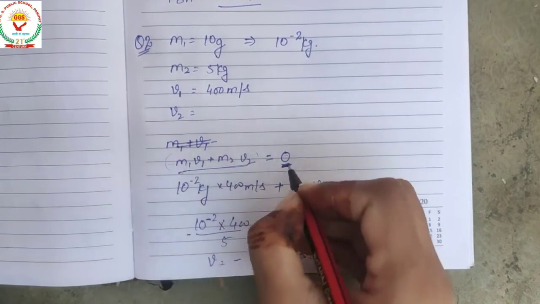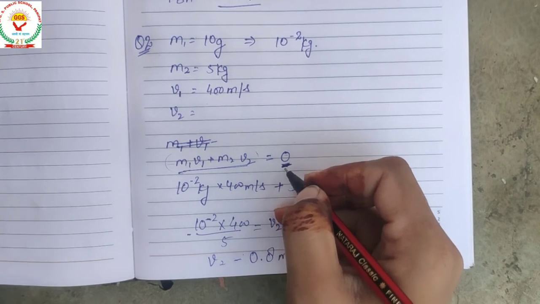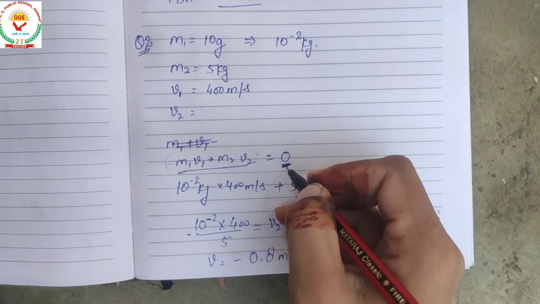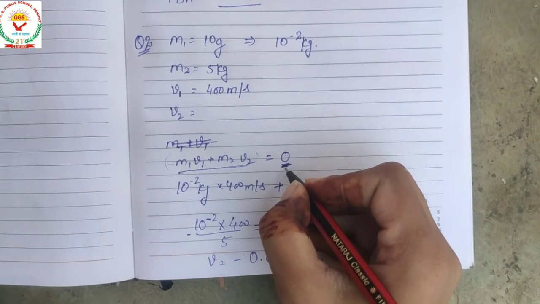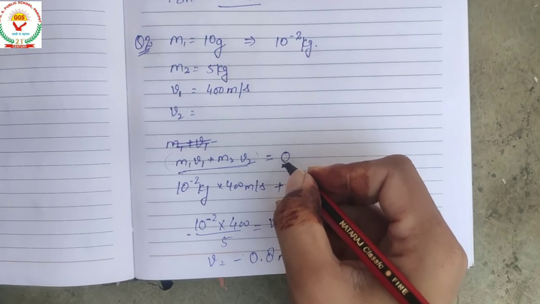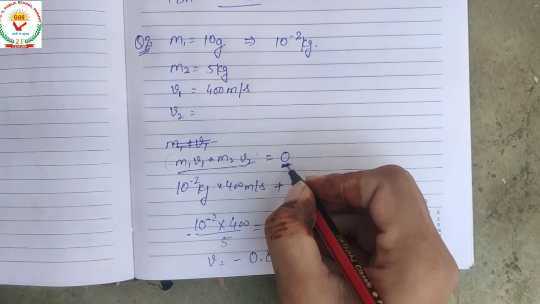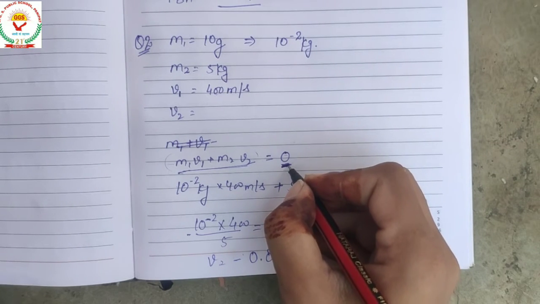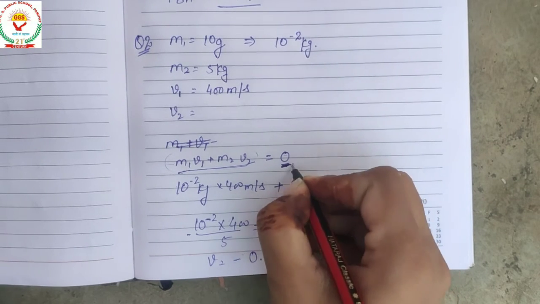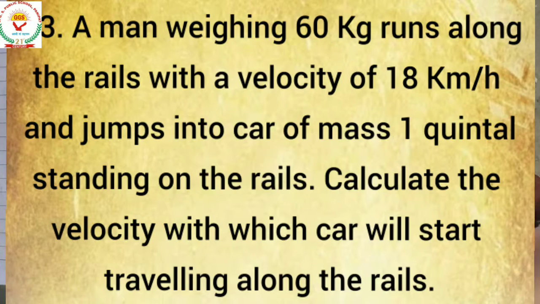A question arises: why have we put 0 equals to 0? Because after firing, the bullet will attain 0 velocity when it strikes somewhere. So the final velocity will be 0 for the bullet. That is why we have taken 0. Okay, moving to the next question.